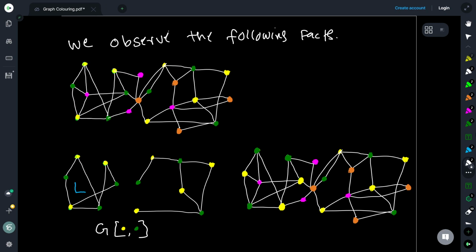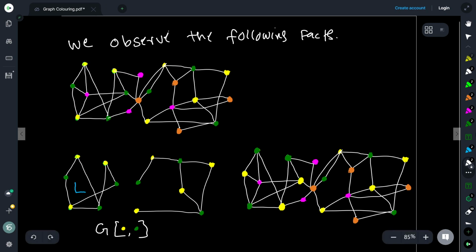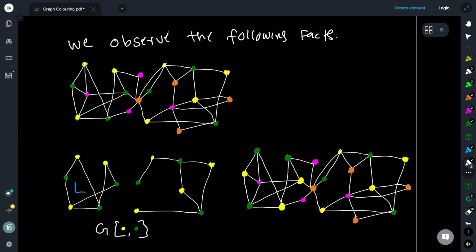In this example, I have taken yellow and green, and then look at the graph induced by the yellow and green vertices. The edges between them are all going to appear here. Any pair of edges which connects yellow and green will be here.